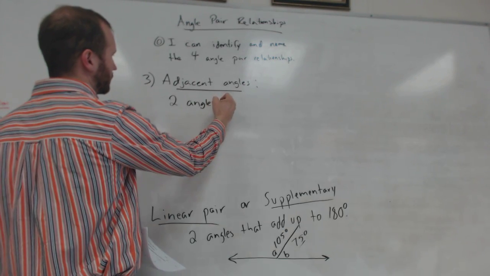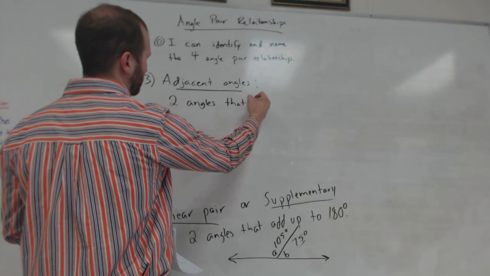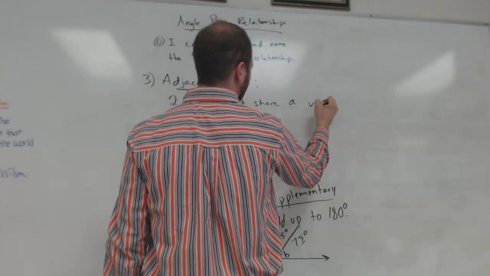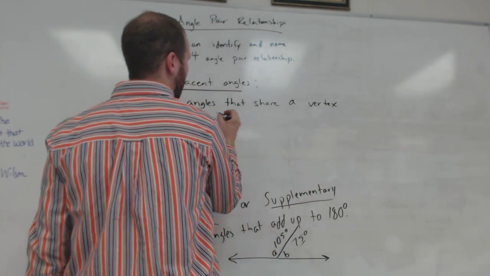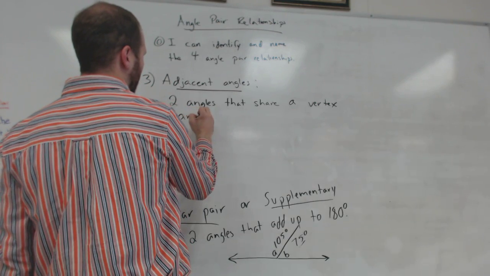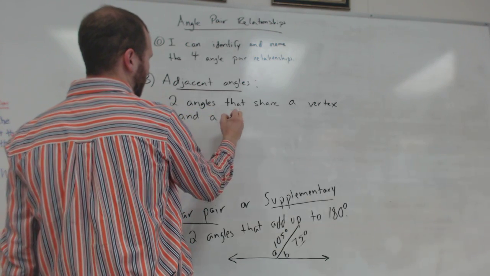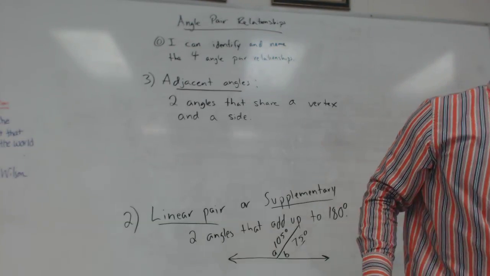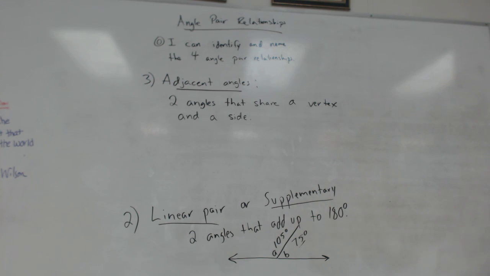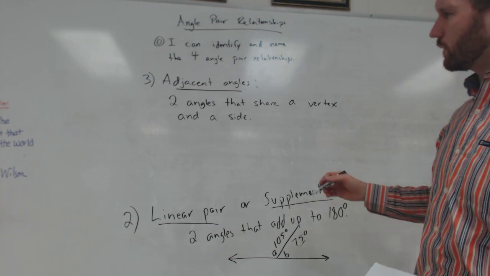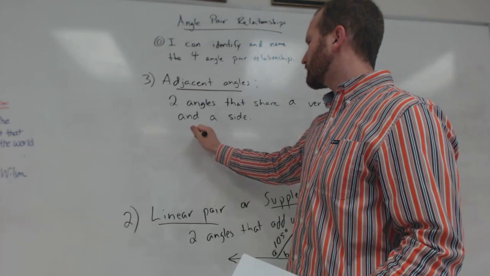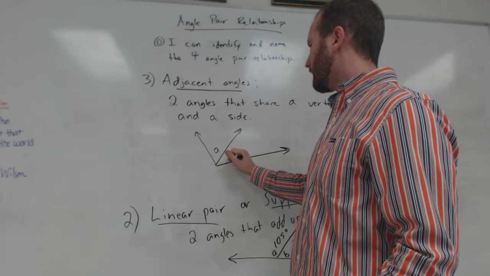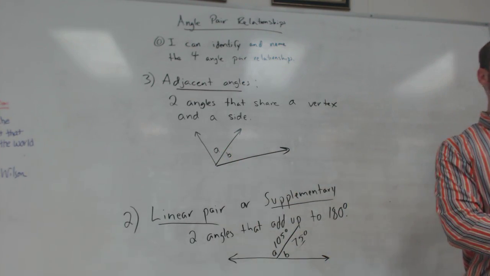Yeah. They share a vertex on the side. So if I had something like this, angle A and angle B are adjacent angles.